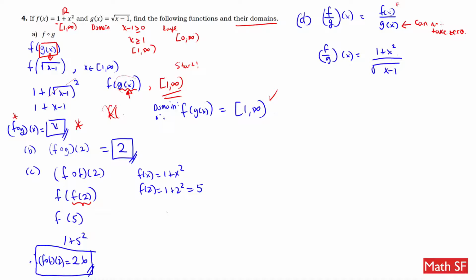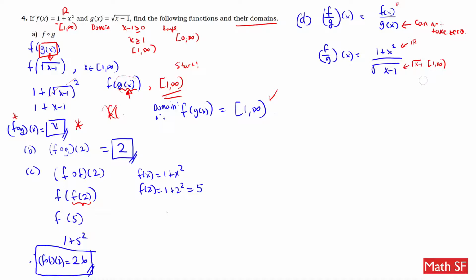So what will our domain be? Well, we know that the input in the top is all the real numbers, so we're fine. And the input for g of x is the square root of x minus 1, so we're restricting our domain to be from 1 to infinity. But because the denominator cannot be 0, we cannot take 1, because 1 minus 1 is 0.